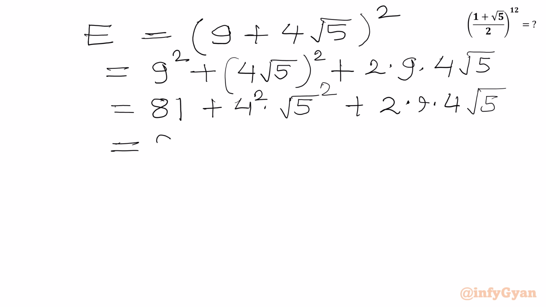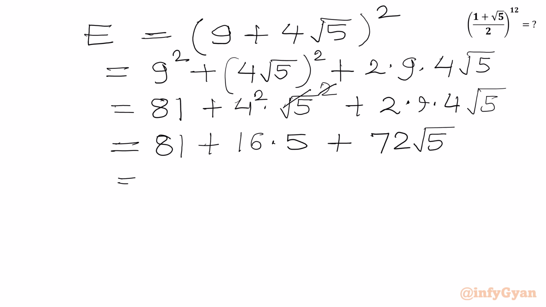Or we can write 81 plus 16 times 5, plus 2 times 9 is 18, 18 times 4 is 72√5.